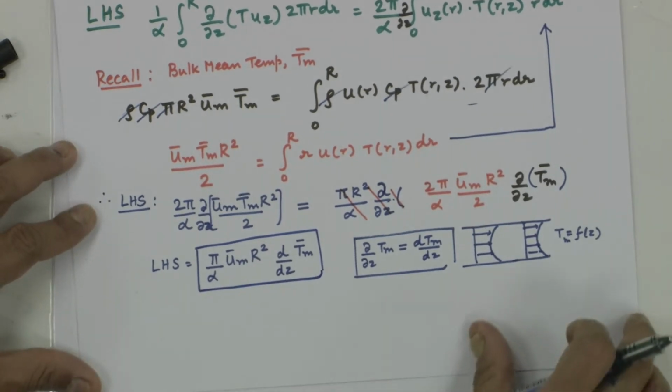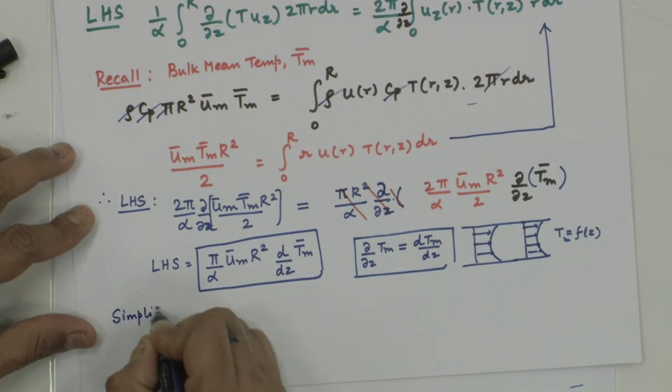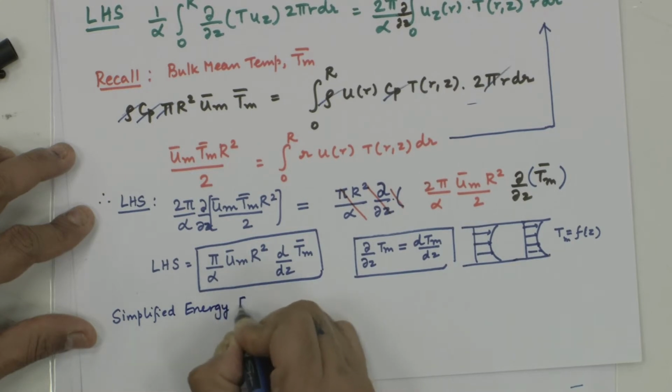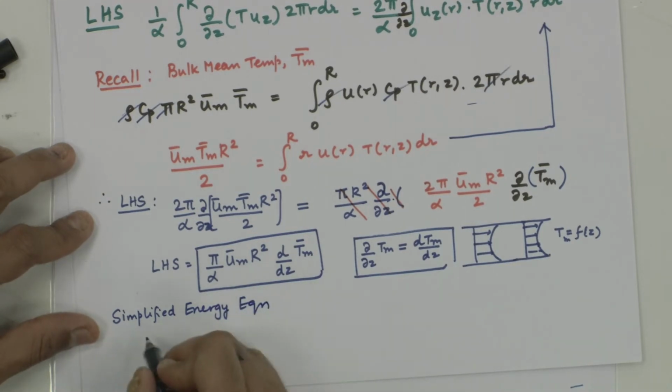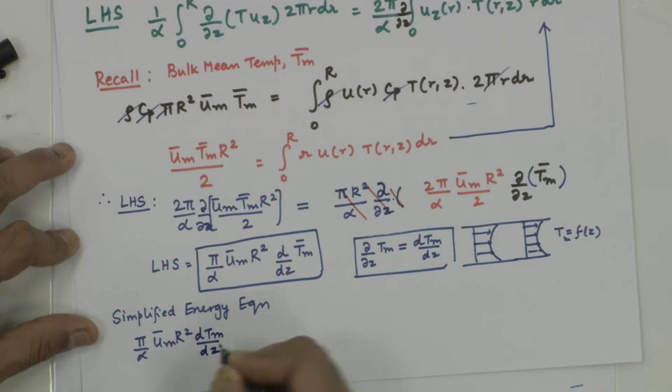Now, I substitute for the left hand side and right hand side. The simplified energy equation becomes: left hand side is pi by alpha u m bar capital R squared times dTm by dz.